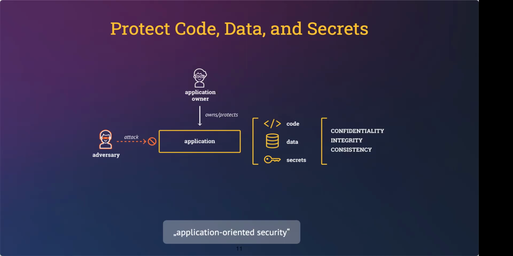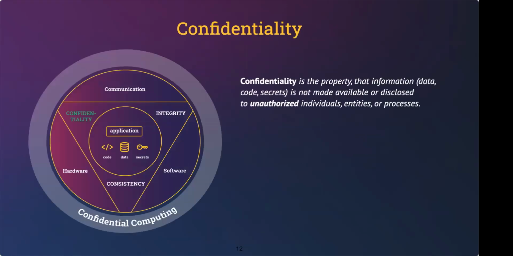Okay, so what I want to do is protect my application. And I want to protect the confidentiality, the integrity, and the consistency. So what does this mean? Confidentiality means that only authorized users, or entities, I should say, can see the information. And the information might be data, code, secrets.